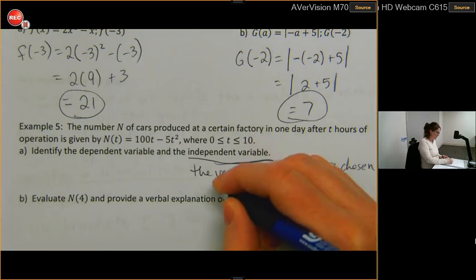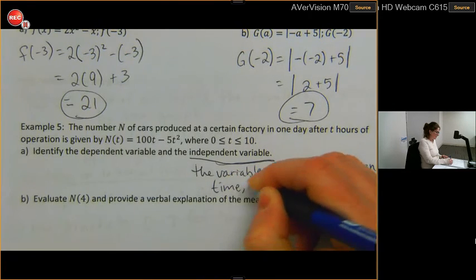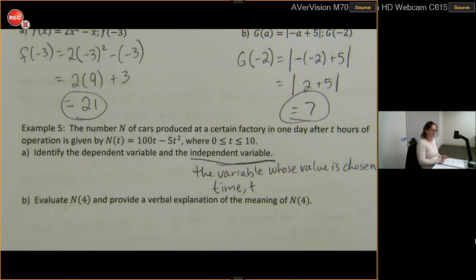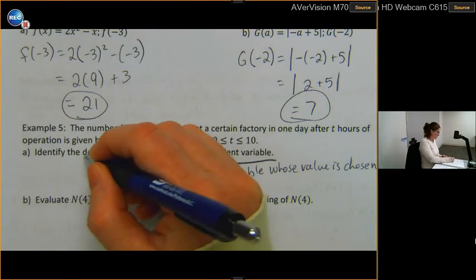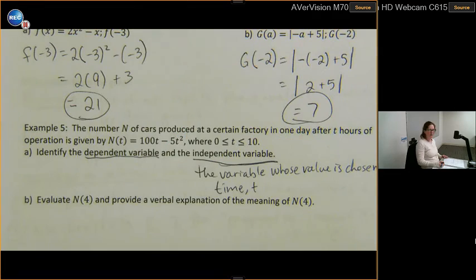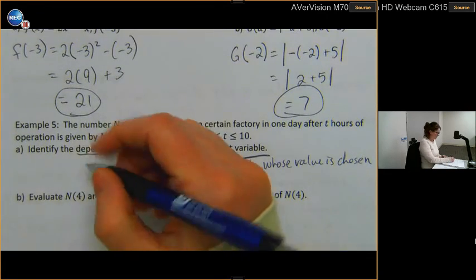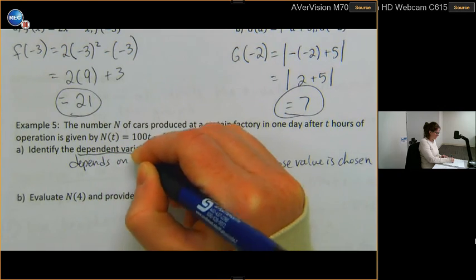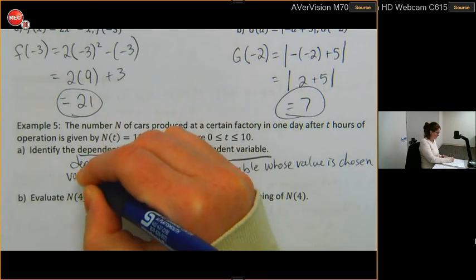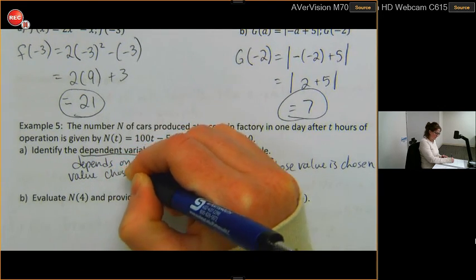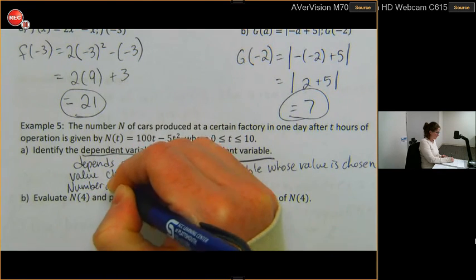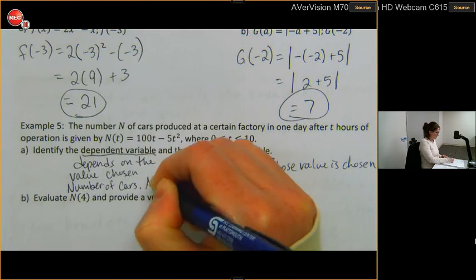So time, or t, is our independent variable. And then the dependent variable is going to be, in this case, the number of cars. It's the variable that depends on what value we chose for t. And in this case, it's going to be the number of cars, which is the capital letter N.